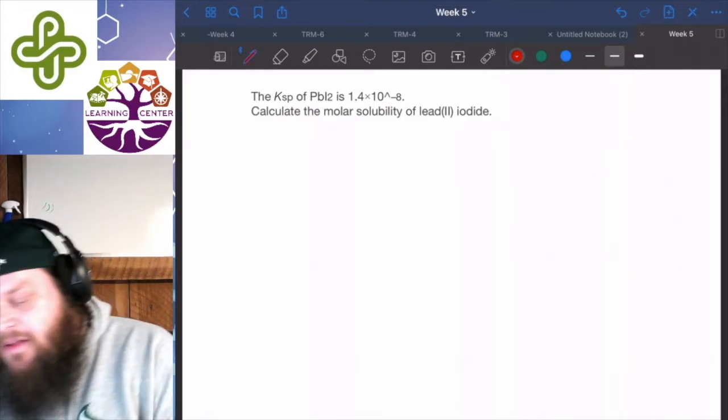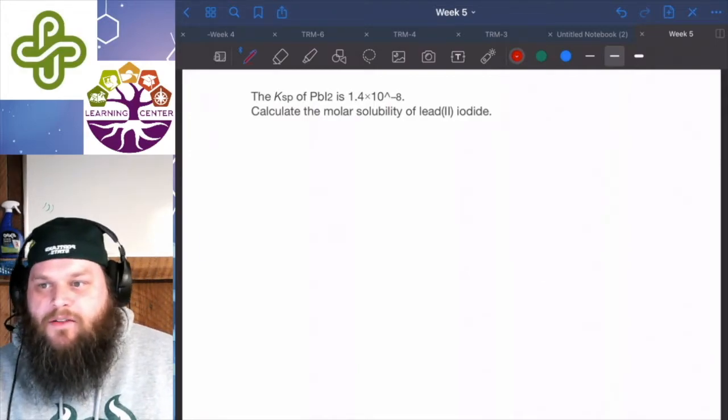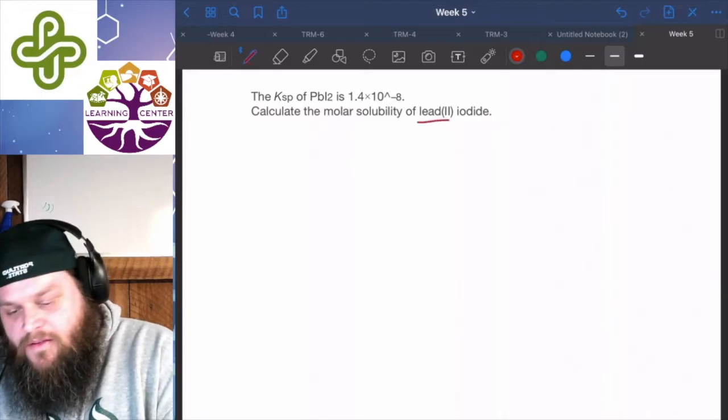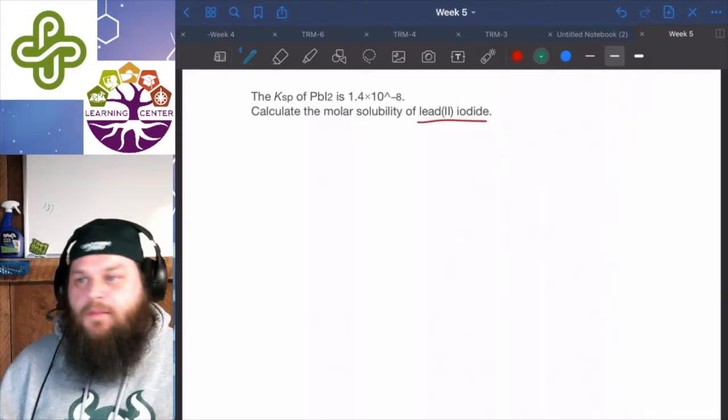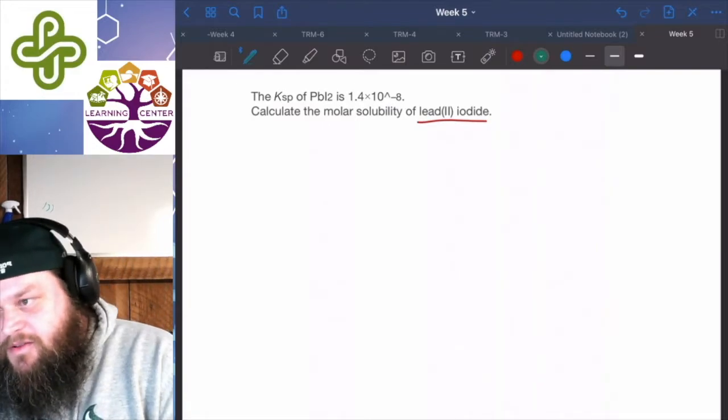So we want to calculate the molar solubility of lead 2 iodide. So I'm going to write first the balanced chemical equation for this dissociation.